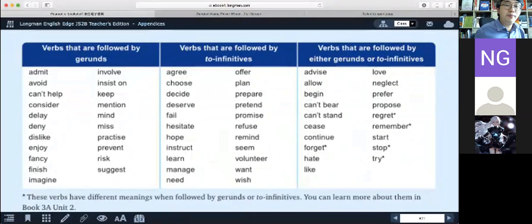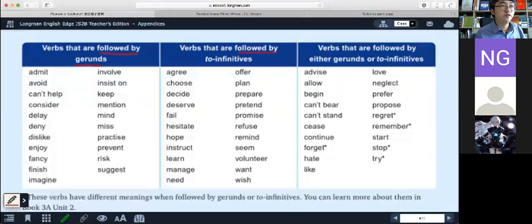But you have to remember the words in the first two columns, because for the words here, they are verbs followed by gerunds only. Verb plus ing. You cannot use to. Like after avoid, after admit, you cannot say I avoid to do something. You can only say I avoid doing something.